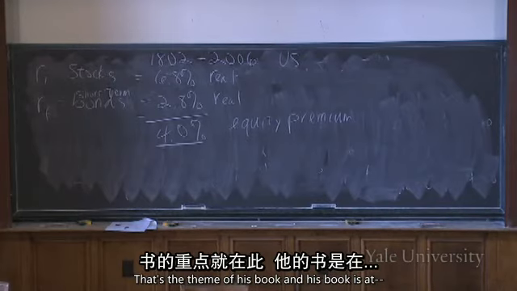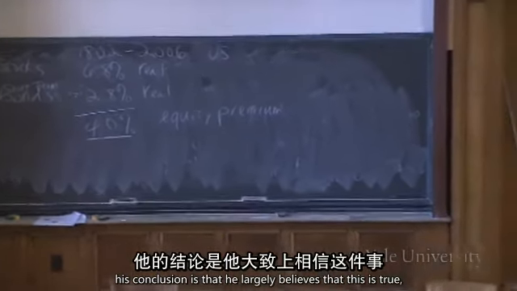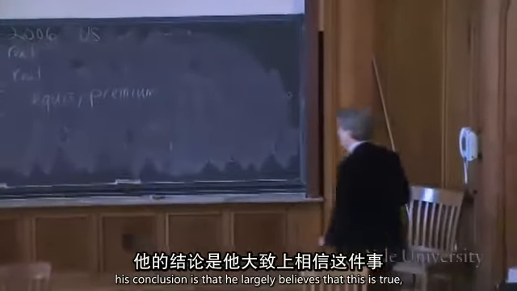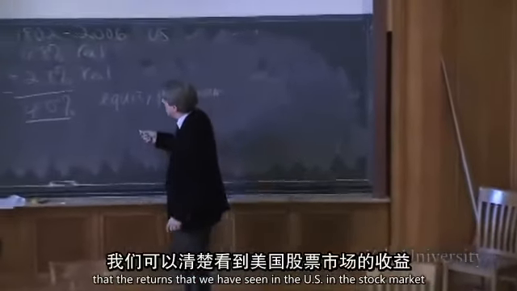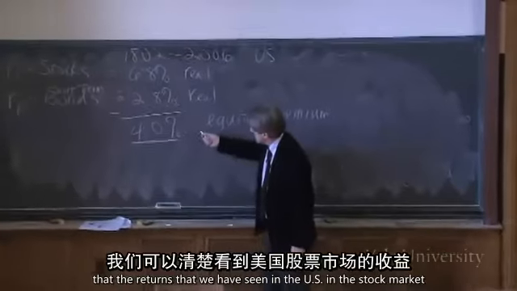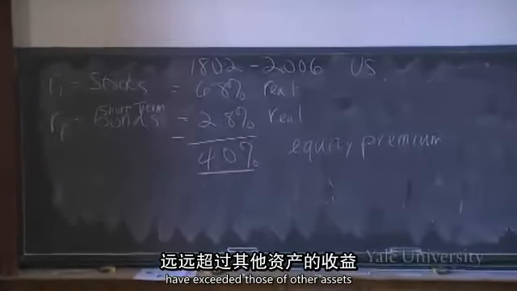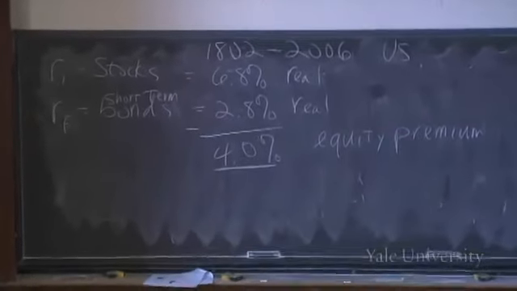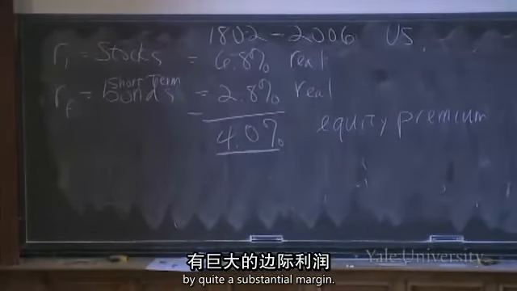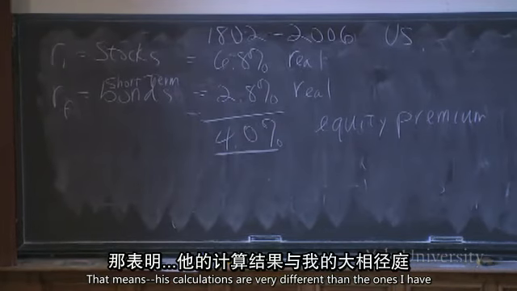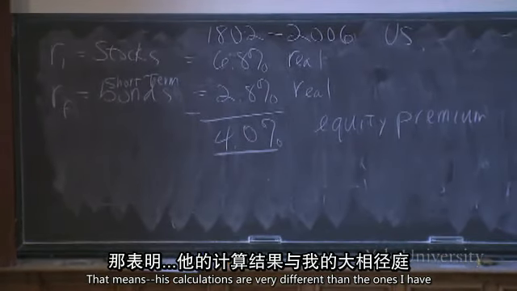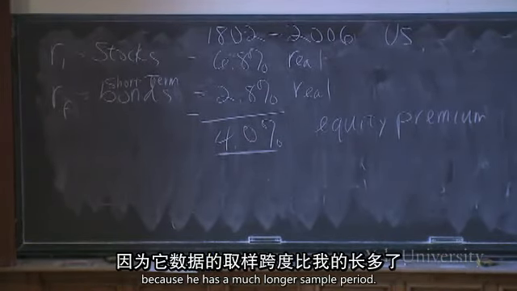His conclusion is that he largely believes that this is true, that the returns that we have seen in the U.S. stock market have exceeded those of other assets by quite a substantial margin, and that means his calculations are very different than the ones I have because he has a much longer sample period.